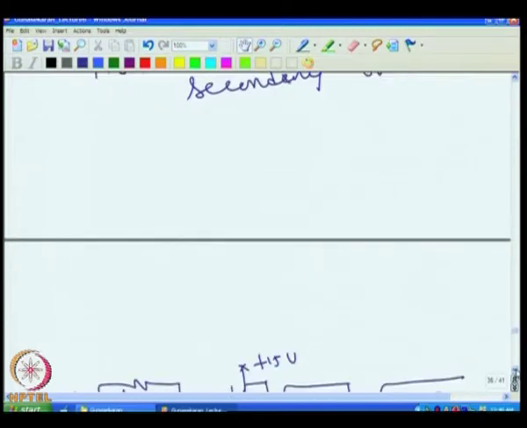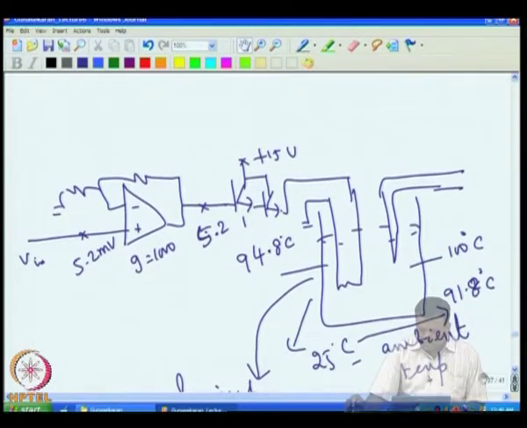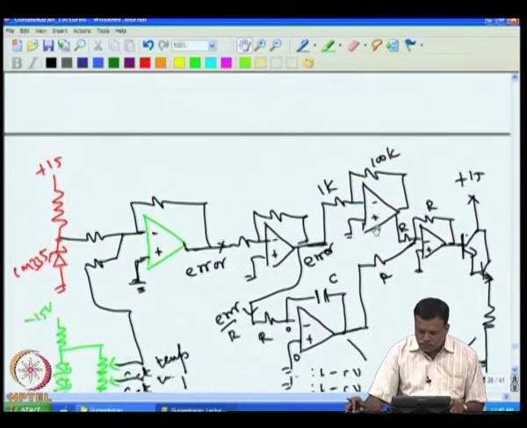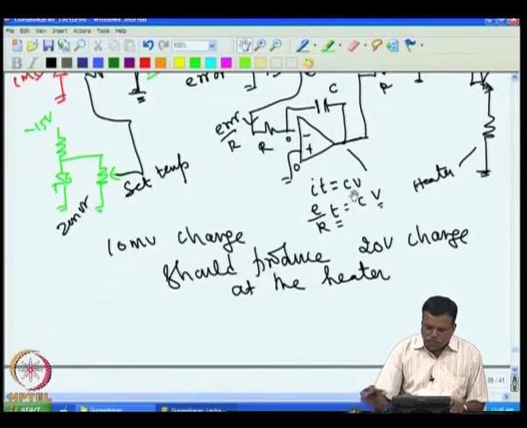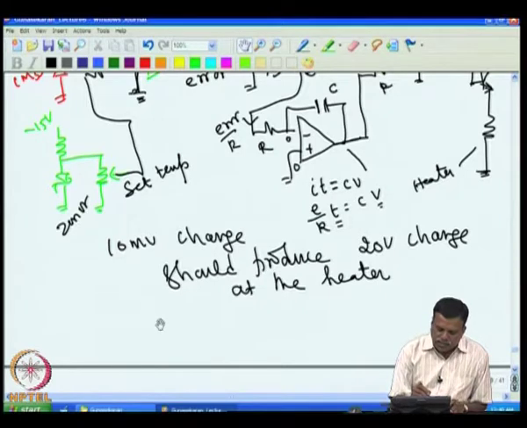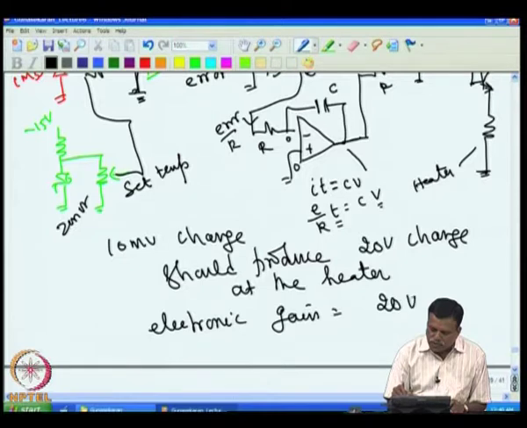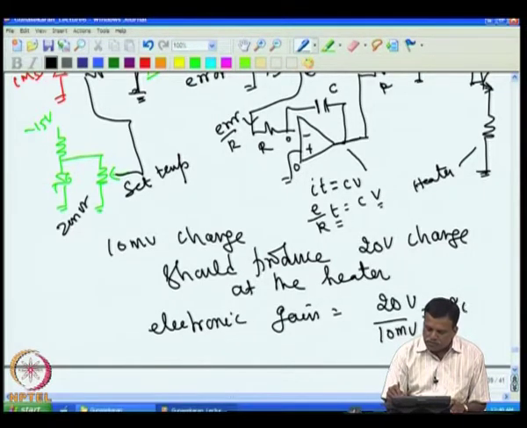So, if you work this out, the required electronic gain is 20 volt divided by 10 millivolt, that is equal to 2000.